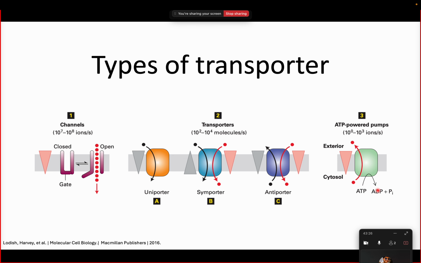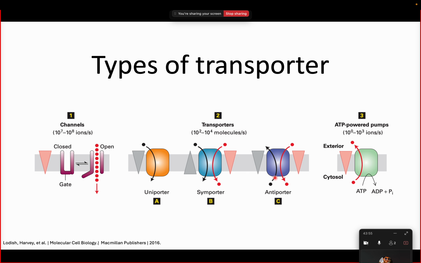It can be of three types: uniporter, symporter and antiporter. Uniporter, as it is represented here, will transport one substrate from its higher concentration to its lower concentration. Symporter, sym means together, indicating that it will transport two substrates, one along the concentration gradient, another against the concentration gradient, but both transportation of a molecule will be on the same side.